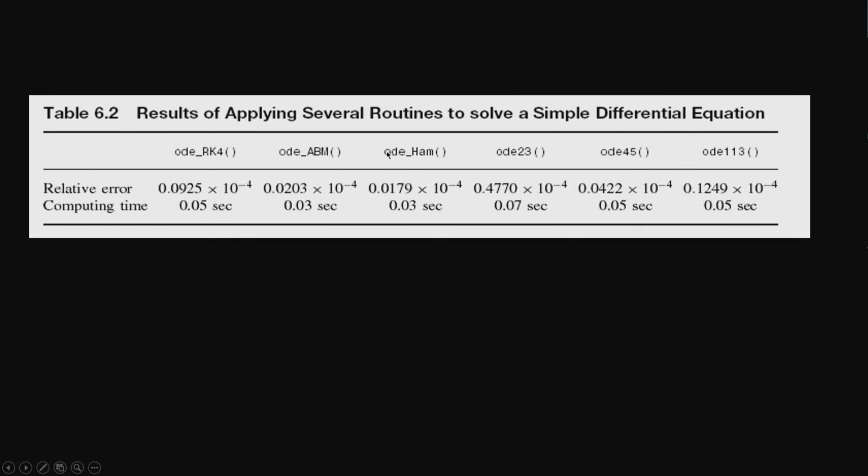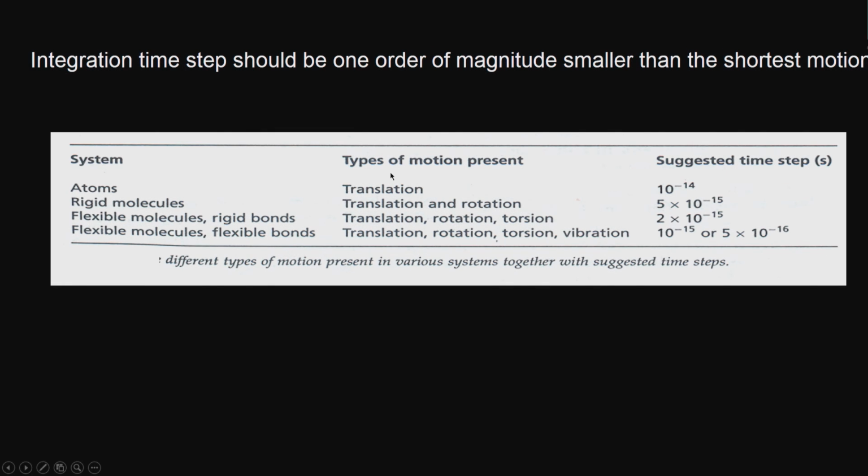Now, if you are looking at molecular dynamics, you want to see how the atoms change as a function of time when certain forces act on them. If you want to see atom motion, generally we are talking about a time step on the order of 10 power minus 14 seconds. Wow.